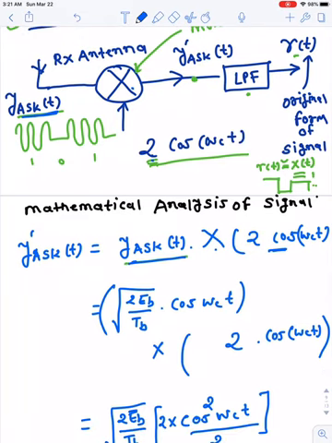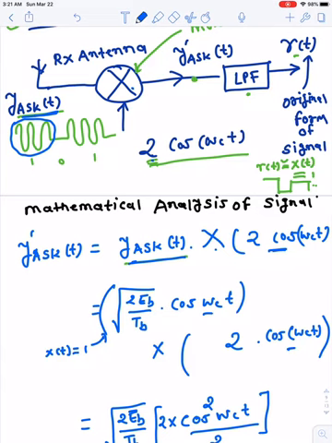So now I represent Yask of t in its original form. Let's assume this is for bit 1, so x of t is 1, because if x of t is 0, everything would be 0. So if x of t is 1, this portion is simply square root of 2 Eb by Tb cos omega ct.